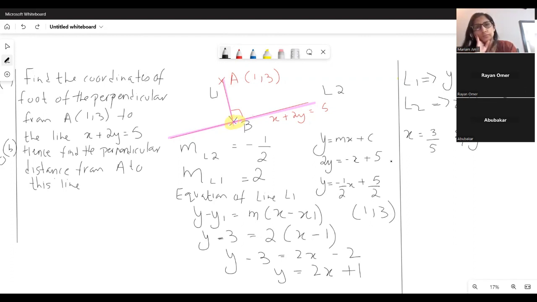Sorry, y equals 11 by 5. That is correct. Yes, that is the answer I have written.